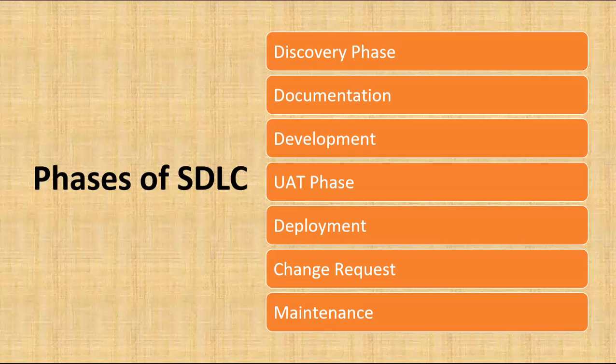So why do we require an SDLC in RPA, robotic process automation? It is not biased to any tool, whether UiPath, Automation Anywhere, Blue Prism or Kofax. Any automation project, we need to follow SDLC. The SDLC has different life cycle stages, and each stage has its own responsibility and importance.